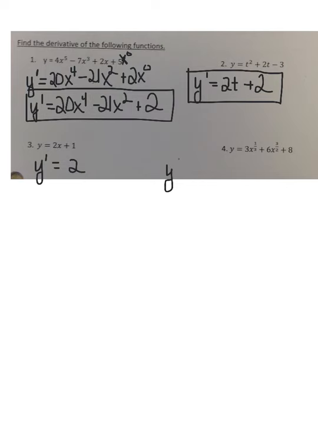Okay, so y prime equals, now remember, this 1/3 is getting multiplied by 3. Well, 1/3 times 3, isn't that just 1? x. Okay, now, you have a 1/3 power right now, and you need to subtract 1 from it.